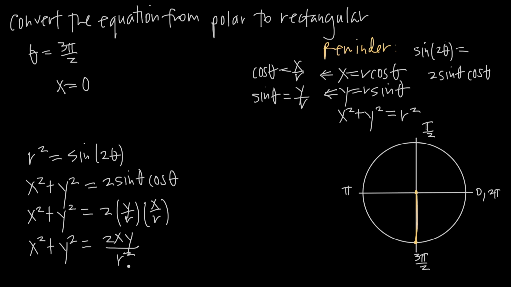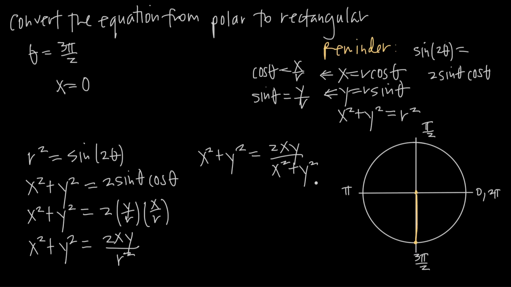But then remember, we know that r squared is x squared plus y squared, so we're going to make that substitution and we'll get x squared plus y squared equals 2xy over x squared plus y squared.